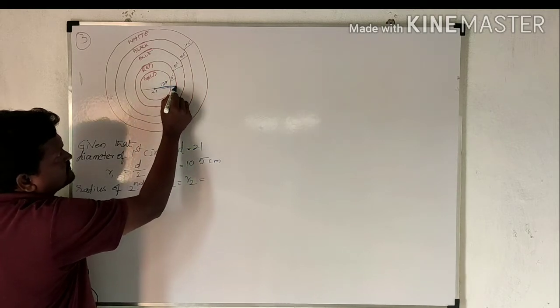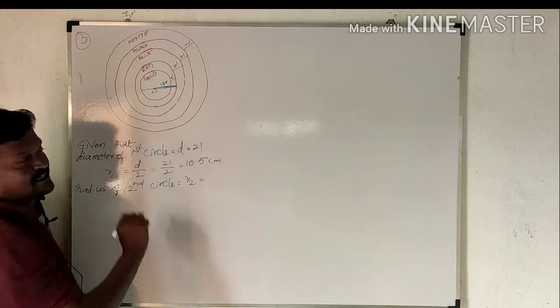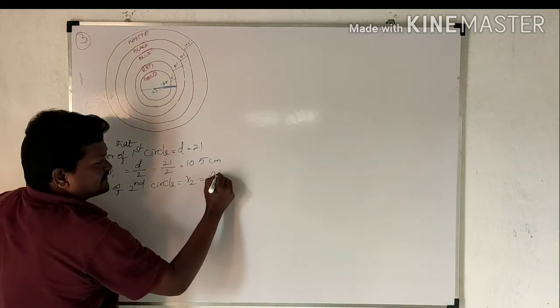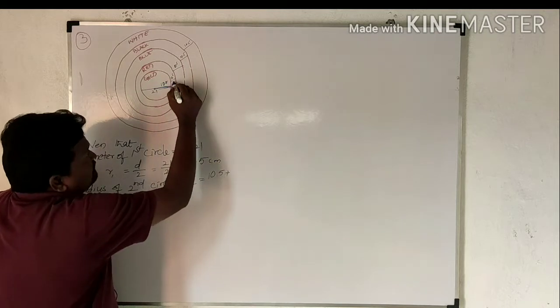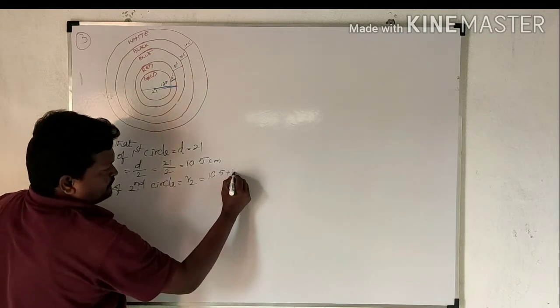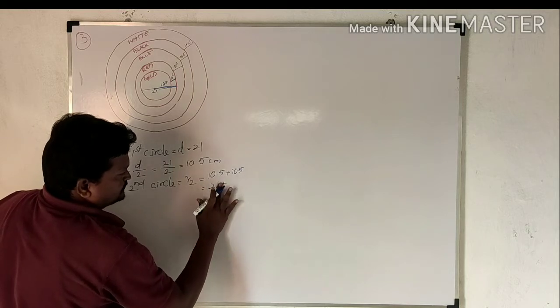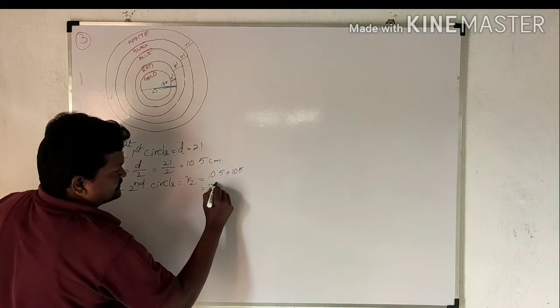We add the radius of the first circle plus the width 10.5, that is equal to 21 centimeters.